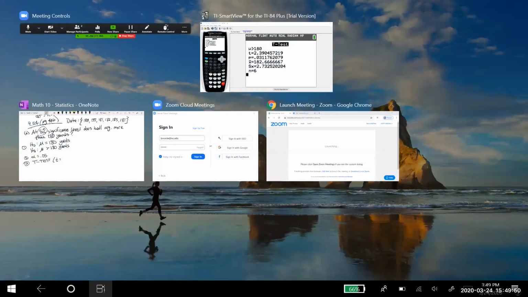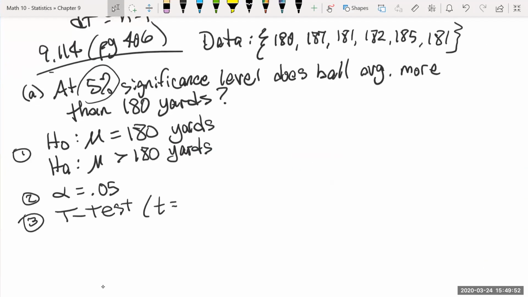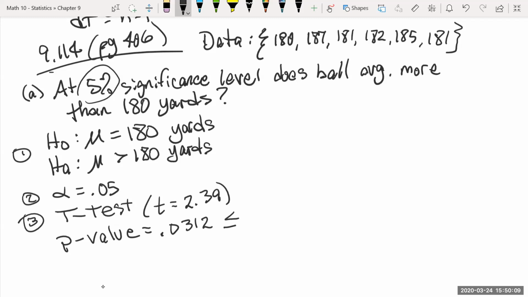So back to what we're writing out. The T value we got was 2.39. The P value was 0.0312. And we're checking to see if that's less than or equal to my 5%, which was alpha. And in this case, it is.